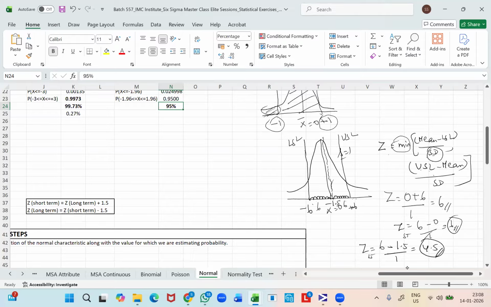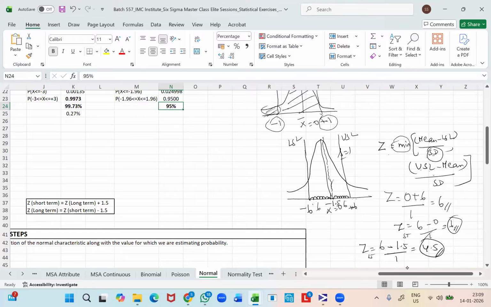So we need to remember the relationship between the long-term and short-term sigma level, even though we are not going to apply this anywhere in our exercises. But we need to remember that this is the relationship. So even in the assessment, if they provide you with the notation ZST, we need to understand that it is the short-term sigma level. So ZLT will be the long-term sigma level.